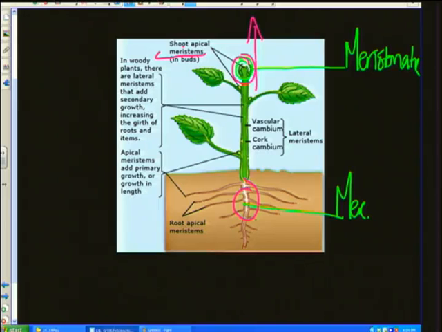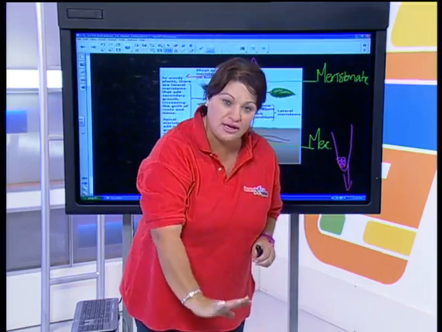When we looked at roots last week, we saw a very distinct region, the meristematic region, which caused the root to grow downwards. So this is what we call primary growth: the stem growing upwards and the root growing downwards.